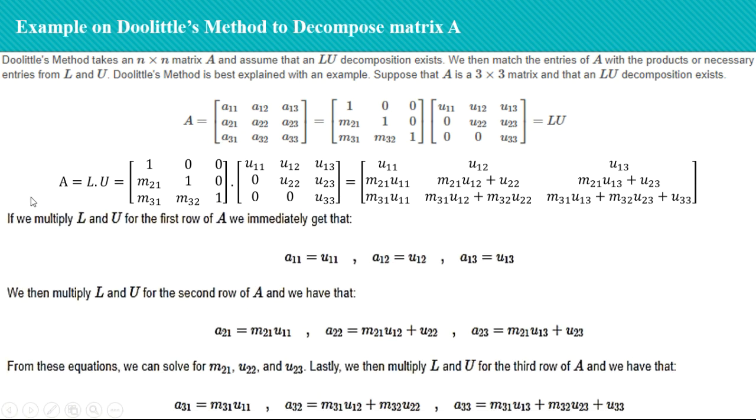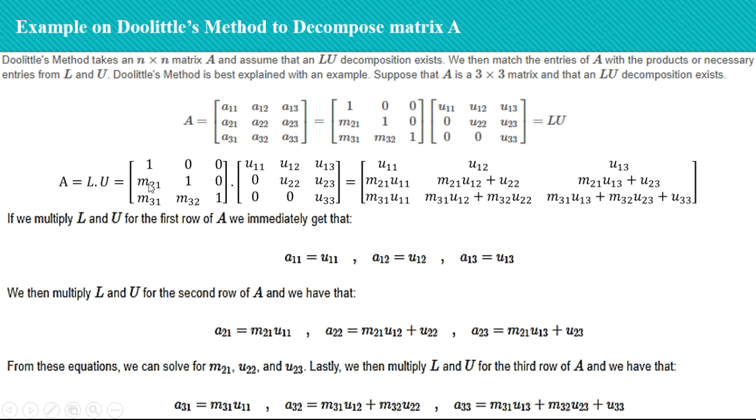So we can compare it by multiplying the first row of the lower triangular matrix with the first column of the upper triangular matrix and the second column of the upper triangular matrix and the third column of the upper triangular matrix, we get u11, u12, the first row of this resultant matrix. And by comparing this resultant matrix with matrix A, we get a11 is equal to u11, a12 is equal to u12, a13 is equal to u13.